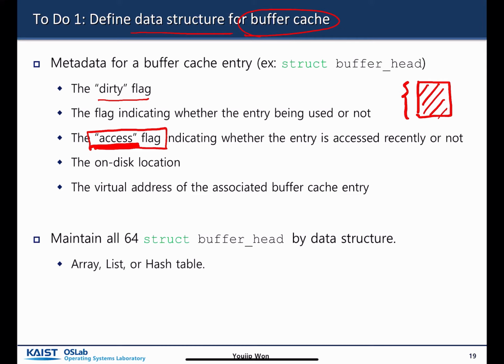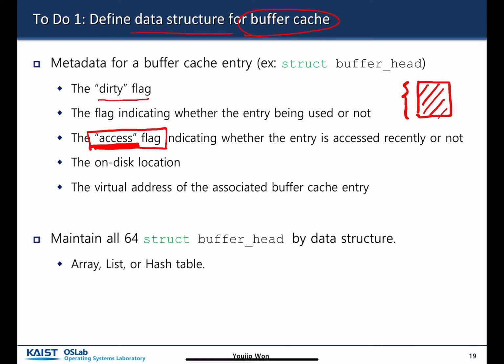So we have to have some type of mechanism to precisely identify the hotness of the block, and this is to let the operating system select the data blocks that have not been used recently. It is important that when you have to kick out one of the buffer cache entries, you choose the one that has not been used recently, so that the performance is not affected by kicking out those entries.